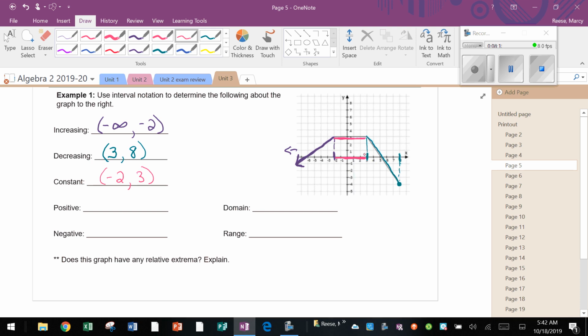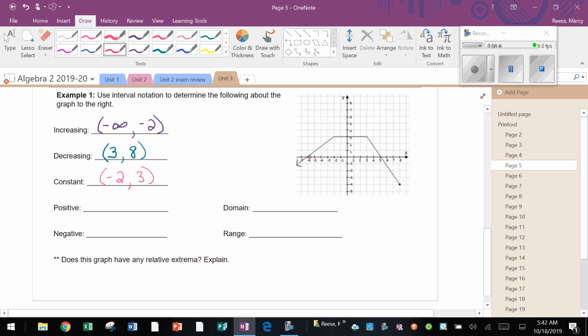All right. So let's talk about positive and negative first. I'm going to erase all the color in here. You have recorded it if you need to go back and look at it. Positive, remember, is where it's above the x-axis, right?